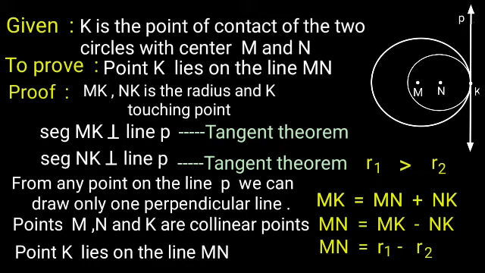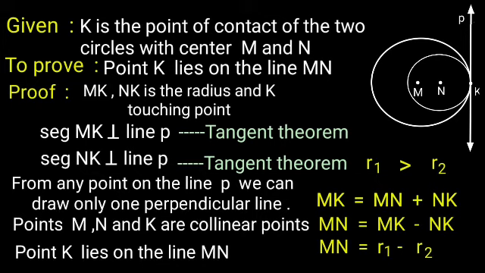M and N are the centers of these touching circles. K is the touching point. From K, line P is the tangent at point K.